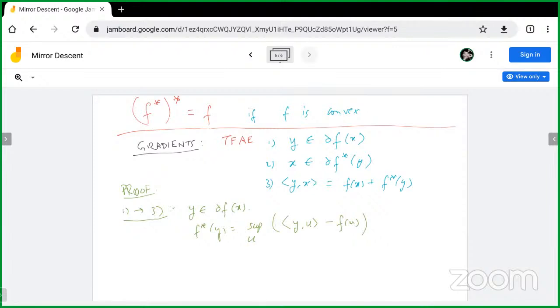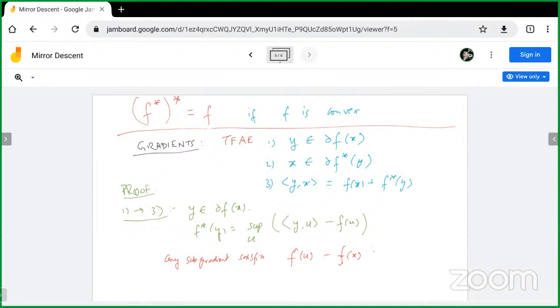Any subgradient satisfies that f of u minus f of x is at least the following.